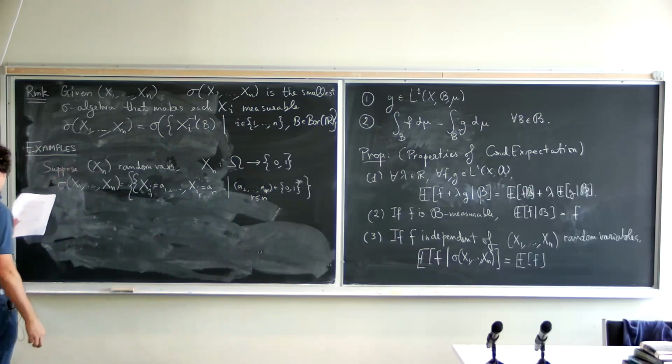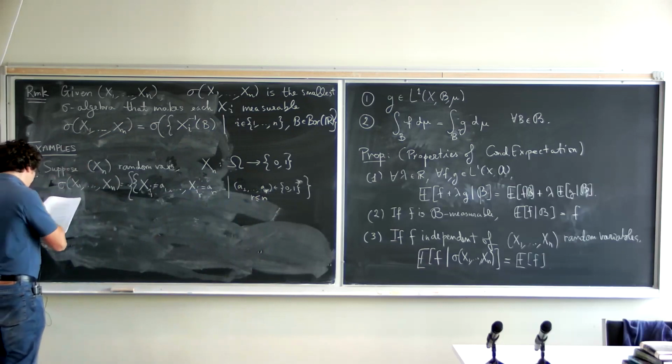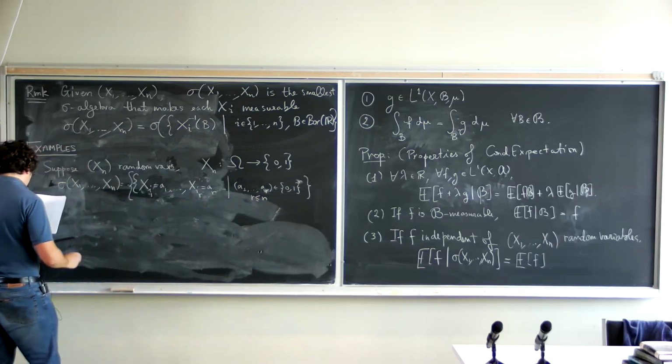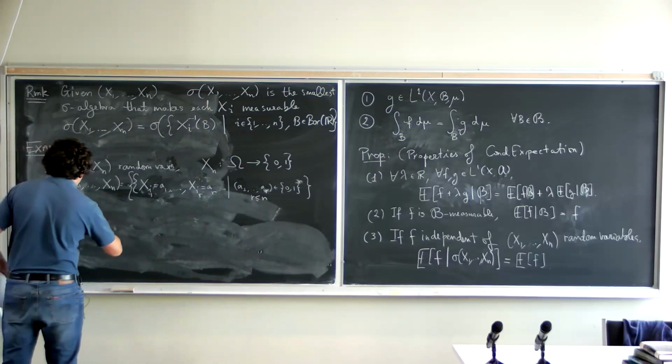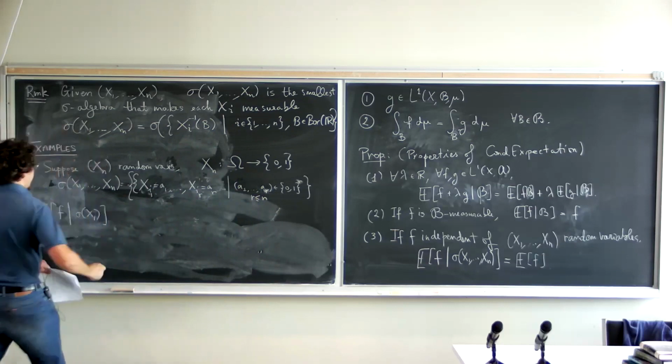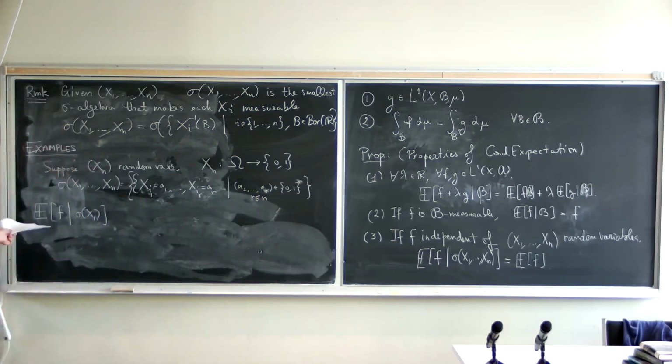Now, what happens when you do the conditional expectation? Let's compute the following: what is the expectation of f given sigma of x1? f is a function, and I do this first coin toss and want to condition on it. So there are two options: either the first coin toss is 0 or 1.